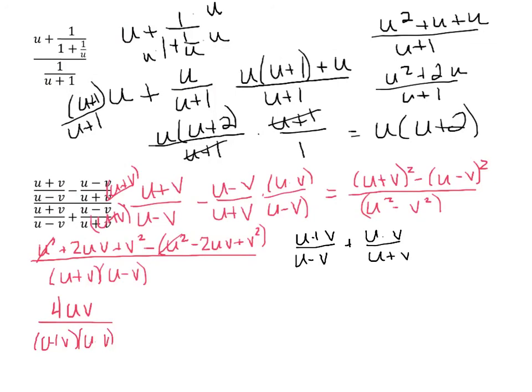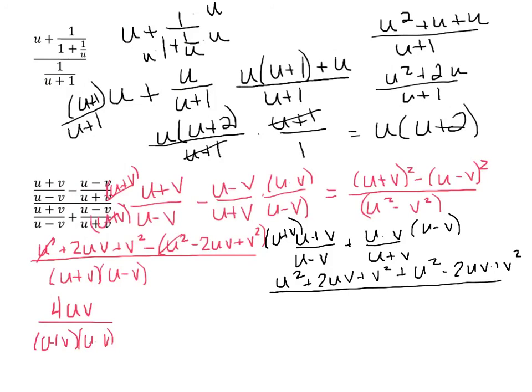Have to do the same thing. This gives me u squared plus 2uv plus v squared plus u squared minus 2uv plus v squared. So these cancel. You have 2u squared plus 2v squared.